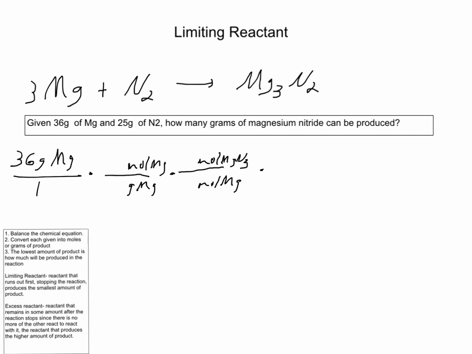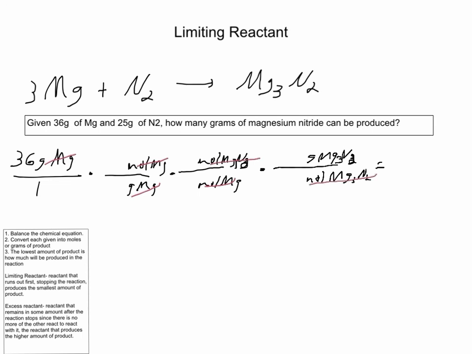And then the last added step is we have to go moles magnesium nitride to grams of magnesium nitride. Cancel out the units. We're left with grams of magnesium nitride.